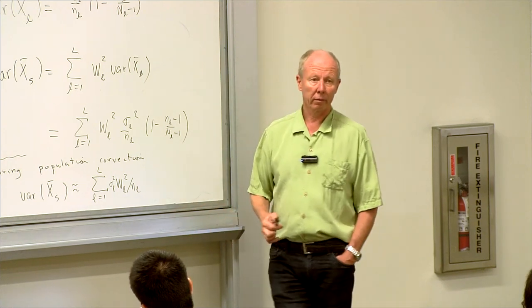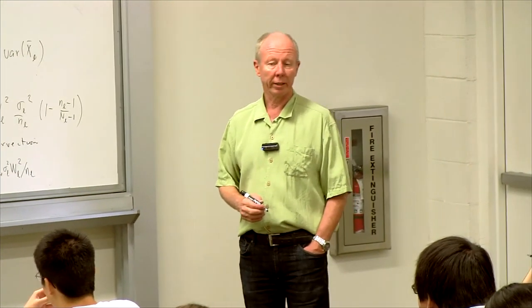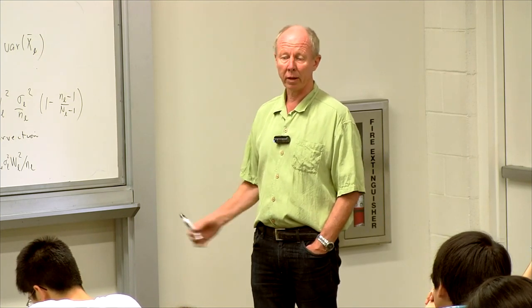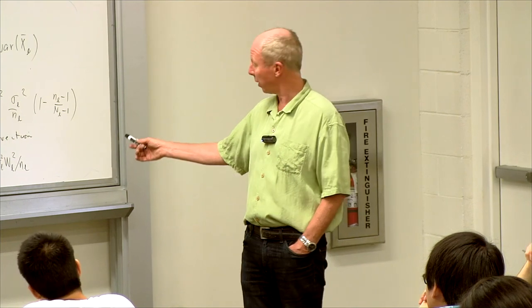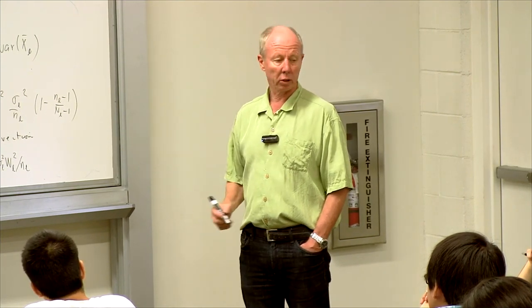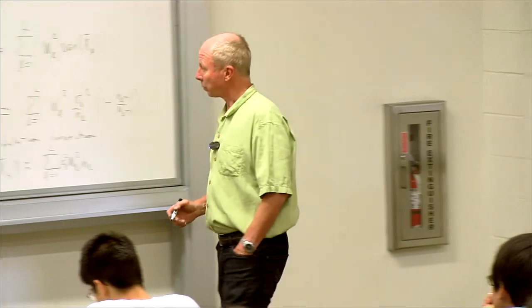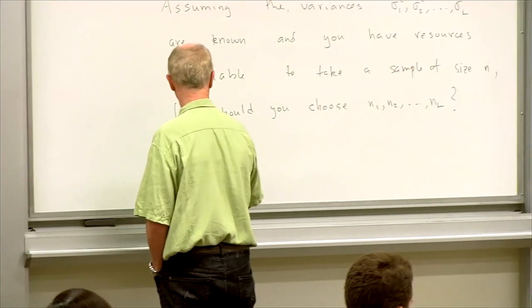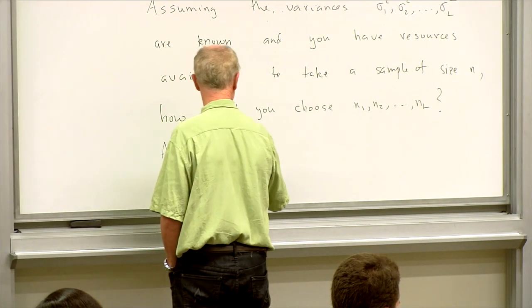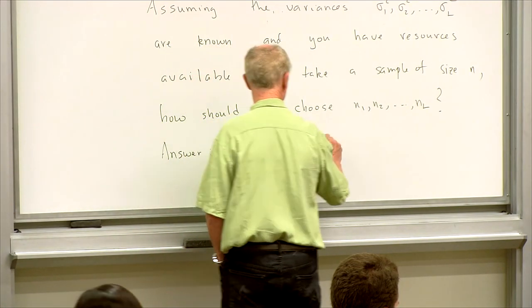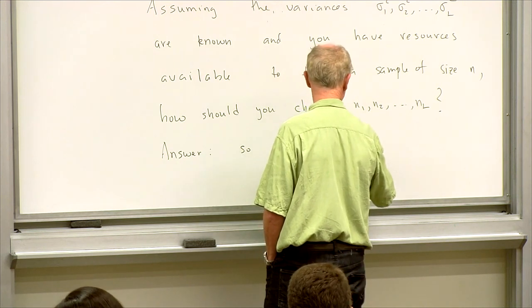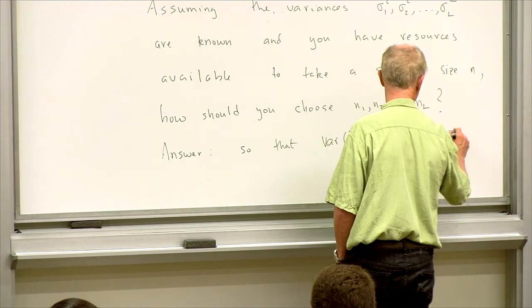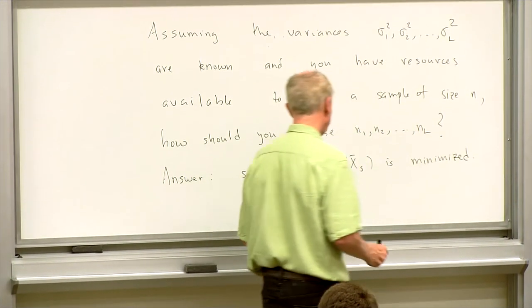And what would you like the variance to do? Would you like it to be big or small when you're making estimates? Small. So we want to choose the n sub L's so that the variance of X bar S is minimized.